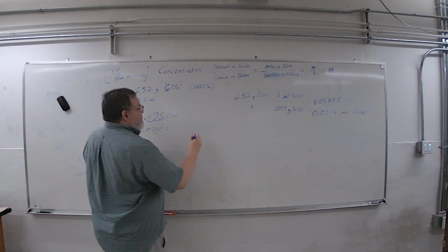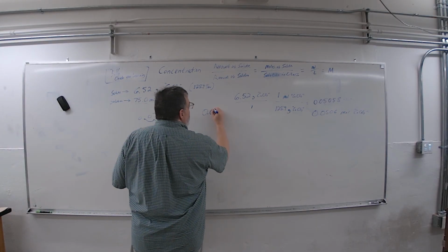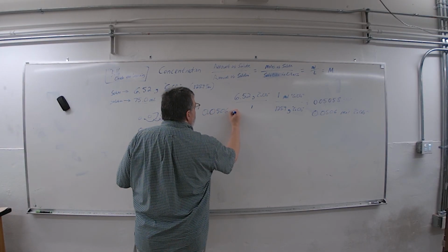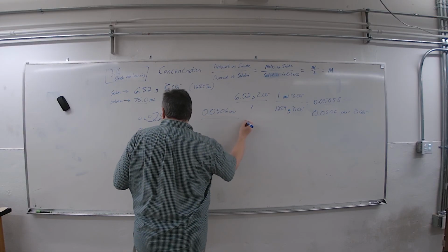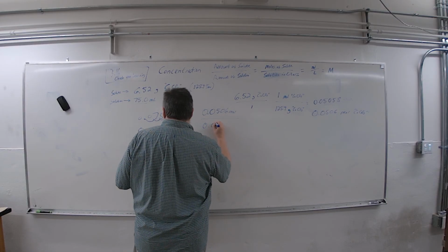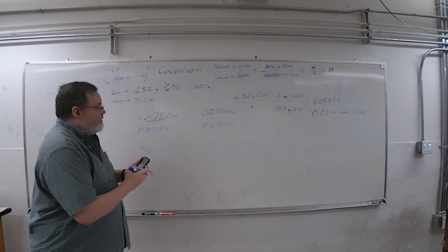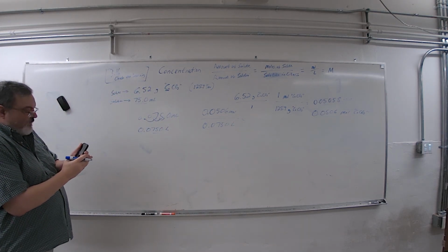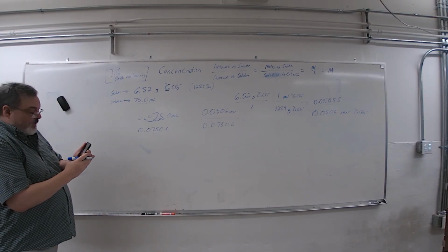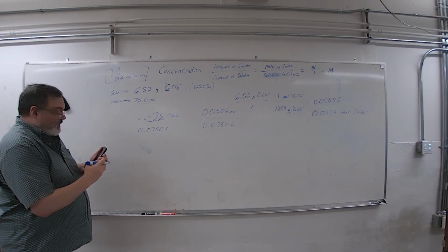So the rest is moles of solute in 0.0750 liters. 0.0506 divided by 0.0750.